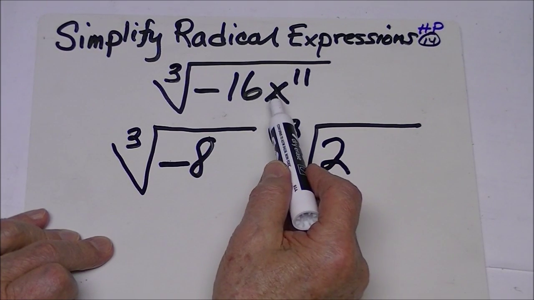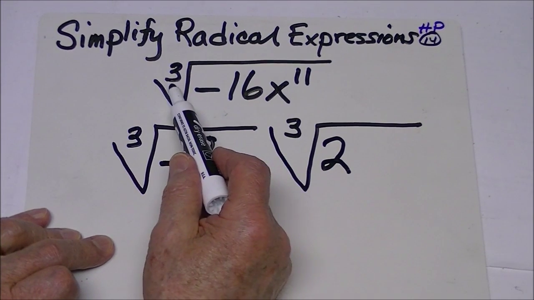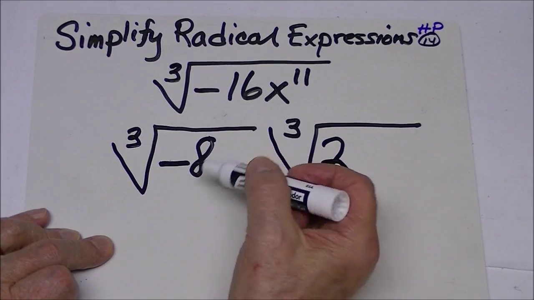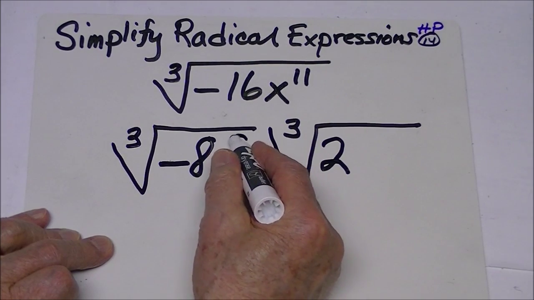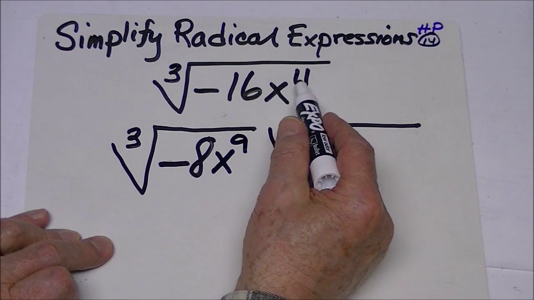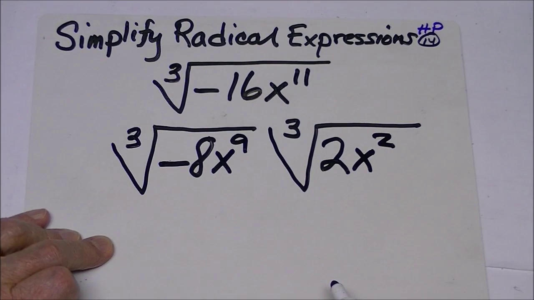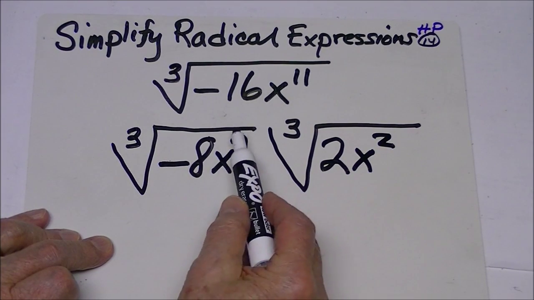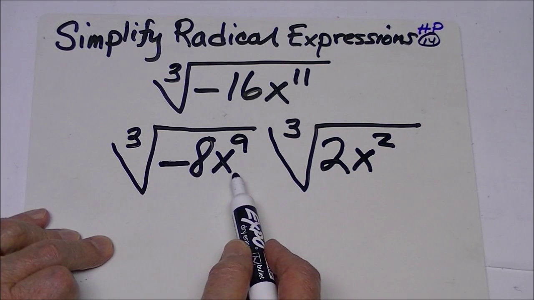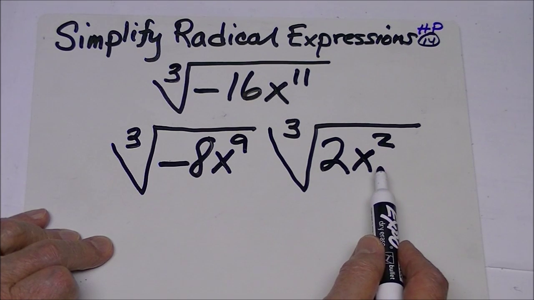Now for our value of x, we're looking for any power of x that is a multiple of 3. So the closest one to that is x to the 9th, and then x to the 9th times what is x to the 11th? Well, x to the 2nd. So now under one radical sign we have perfect cubes, and whatever is left over is under the other radical sign.